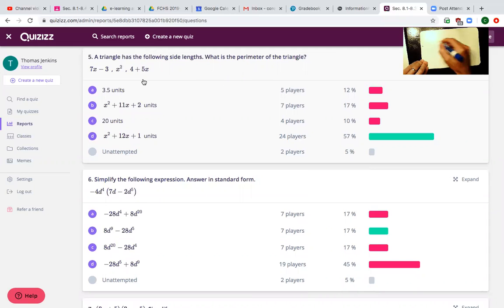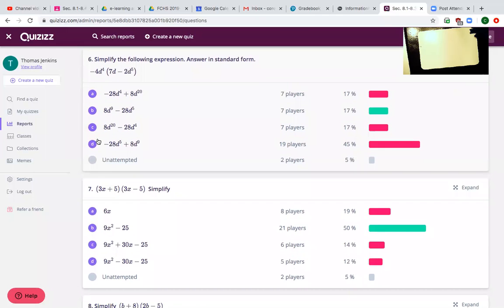So x squared is my only x squared term. I have 7x plus 5x to make plus 12x. And then minus 3 and plus 4 to make plus 1. So that's why the answer is D. Just combining like terms on that one. And I knew that because it said find the perimeter.